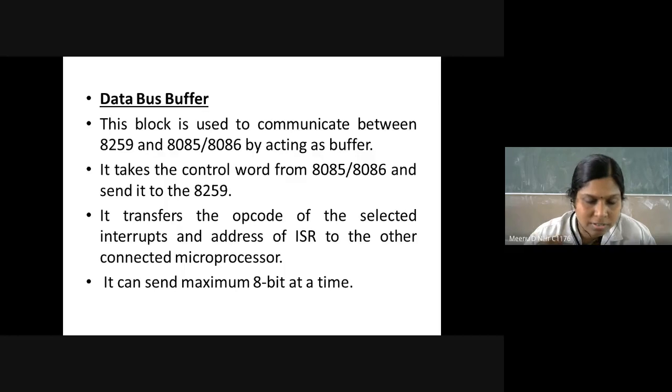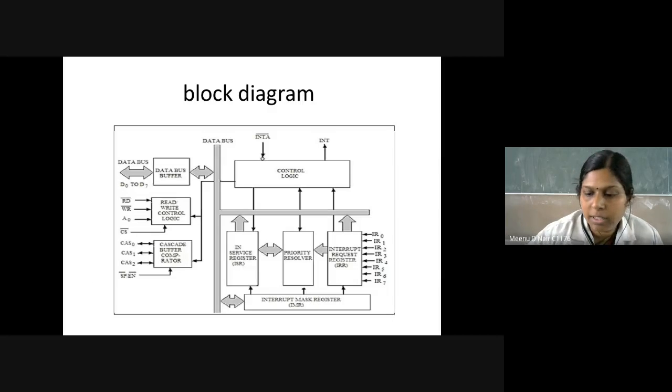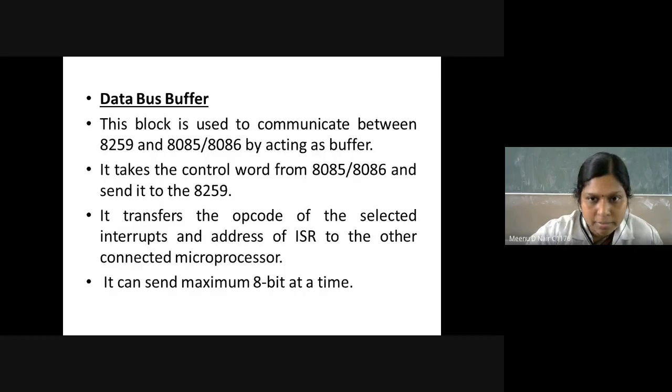Each and every command has a particular opcode. In the previous classes you have seen MOV A, B, MOV A, #0H, like that, right? It has a particular value. You have a data sheet, and in that you can see the meaning of opcode, operational code. So every interrupt has a corresponding opcode, and that is the address of ISR to the other connected microprocessor. That is the function of the data bus buffer.